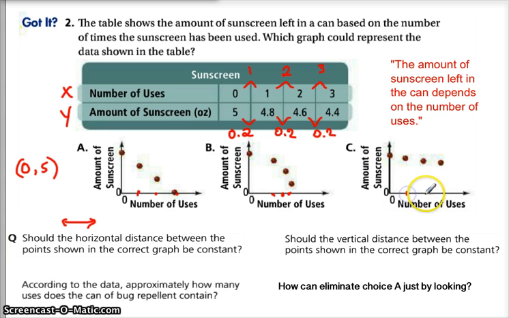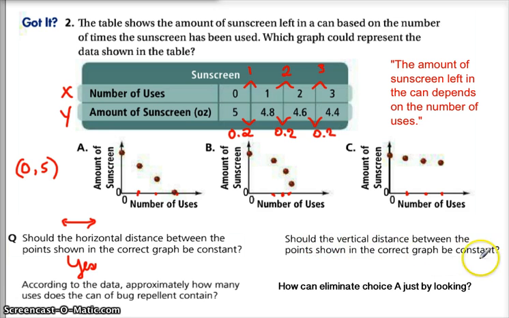Here, here, here, here. Do you think that it should be the same amount? Well, it looks like it changed the same. It changed 1 every time. So yes would be the answer. Yes, the distance between the points that they've moved over horizontally should be constant.